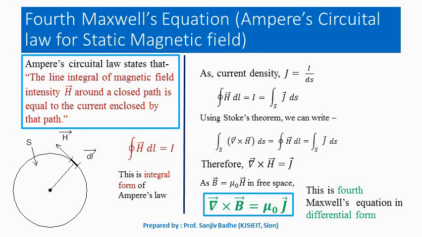We can equate curl of H bar with J bar, and therefore curl of H bar is equal to J bar. Now B bar is equal to mu naught H bar, and therefore we can write this equation as curl of B bar equal to mu naught J bar. So this will be our fourth Maxwell equation written in differential form. This del operator is the differential operator, and that's why we are calling this form the differential form.